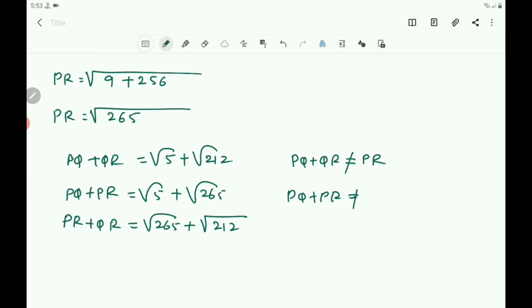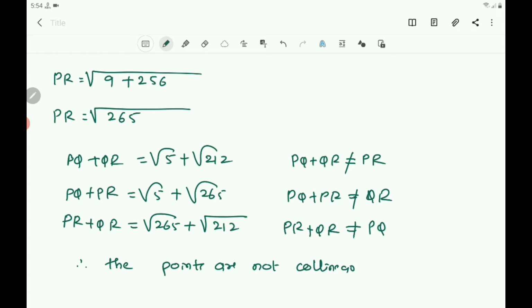PQ plus PR is also not equals to QR, and PR plus QR is also not equals to PQ. As sum of two sides is not equals to the third side, the given points are not collinear. You will get a triangle by joining the 3 points. So you can write, therefore the points are not collinear.